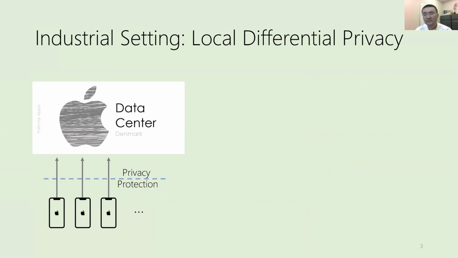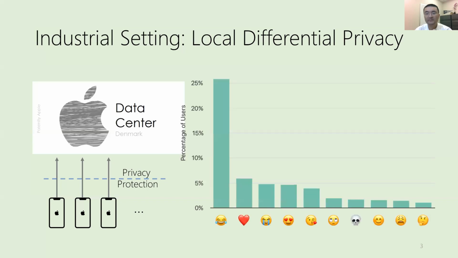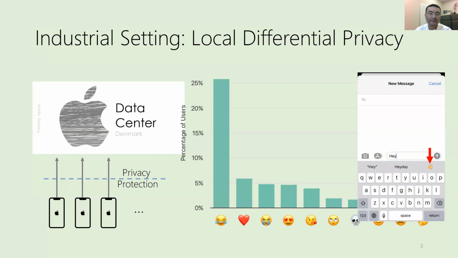More specifically, in local differential privacy, noise is added by each device locally, so there is a virtual protection between the device and the server. After users send their data, the server can learn things like frequent emojis and then, for example, make predictions when we type things using the keyboard.